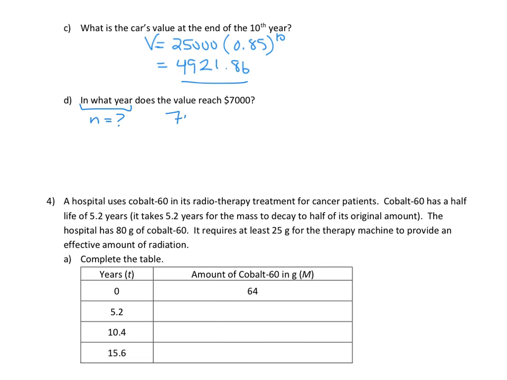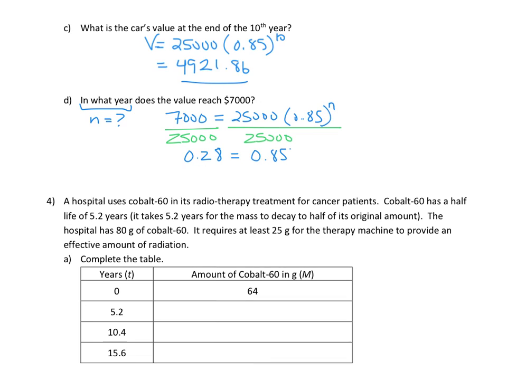So we would put in 7,000 for the value. 25,000 goes here, 0.85 to the N, and then we divide both sides by 25,000, and then use guess and check to come up with the approximate year that will work. 7,000 divided by 25,000, that's not going to be a pretty number here. Oh, it's not too bad, 0.28. So 0.28 equals 0.85 to the N, and then guess and check with that.